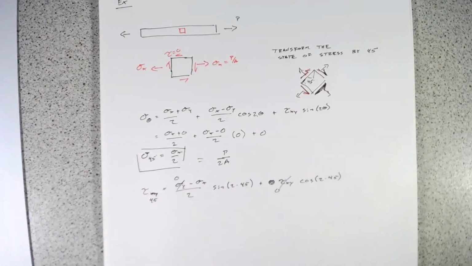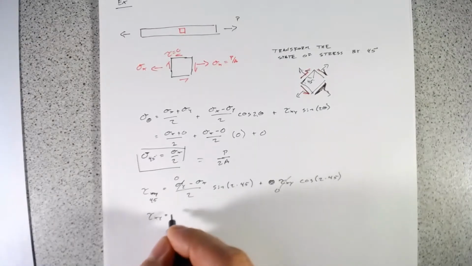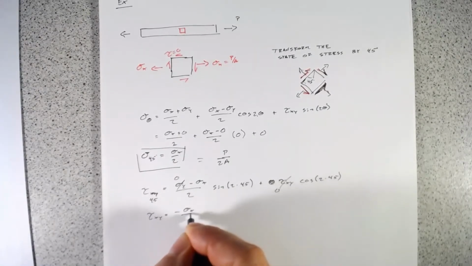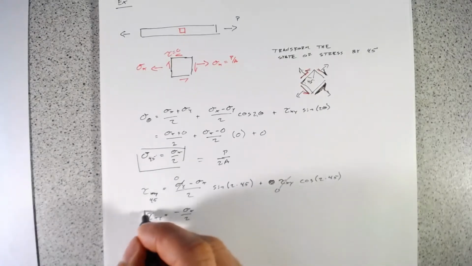Tau xy equals 0, so we end up with tau equal to negative sigma x over 2. So it's just going to go the opposite of how we've drawn that.